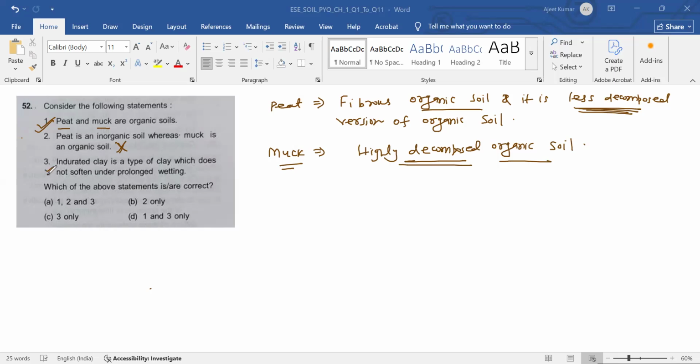Yes, this statement is correct. Indurated clay is a type of clay which has been hardened due to heat and pressure. So it does not soften under prolonged wetting.